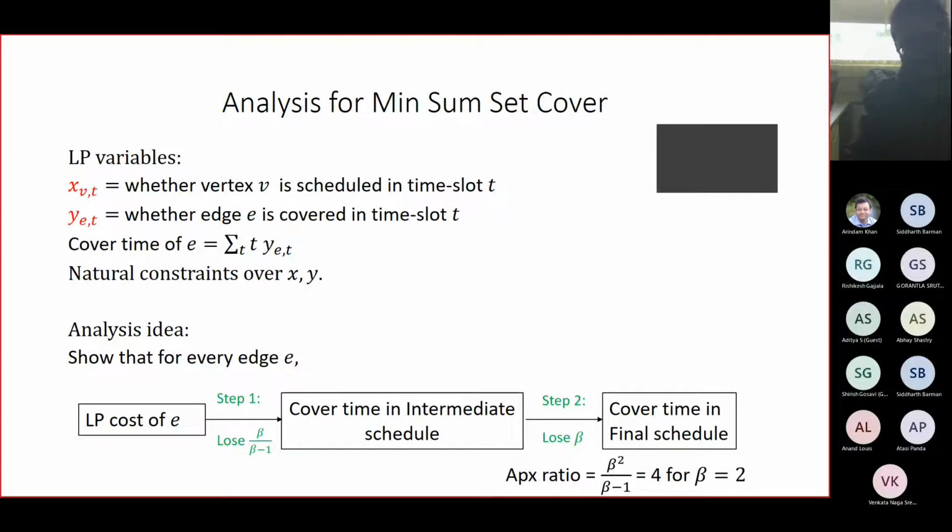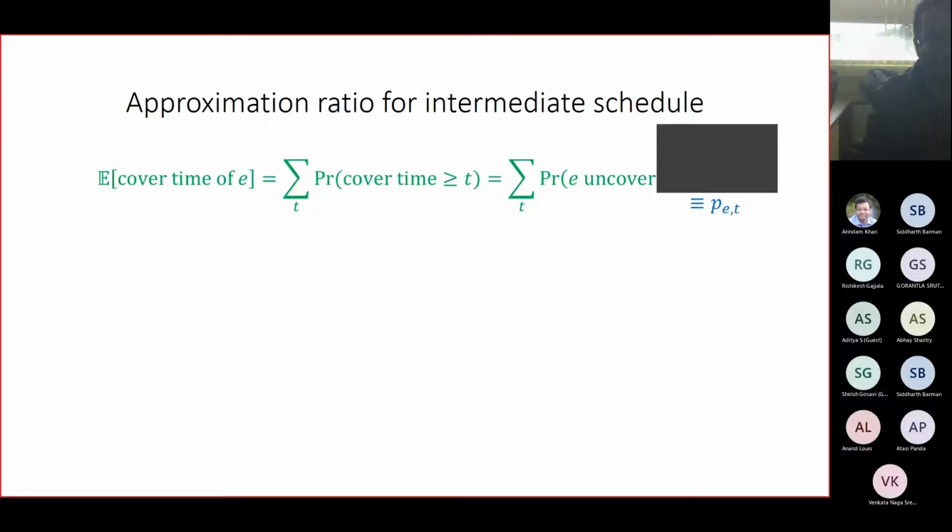The second step, as I said, is just because of the load being 2, being beta. So let me talk about the first step, about the intermediate schedule. Here we use a somewhat unusual technique of using a non-linear convex program. So let me build to that.